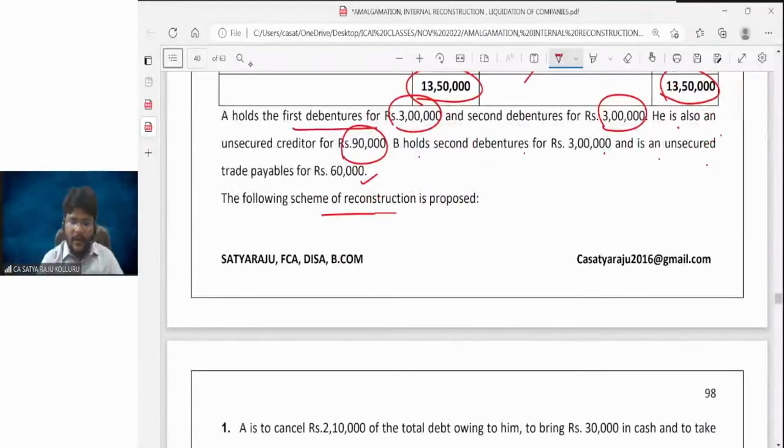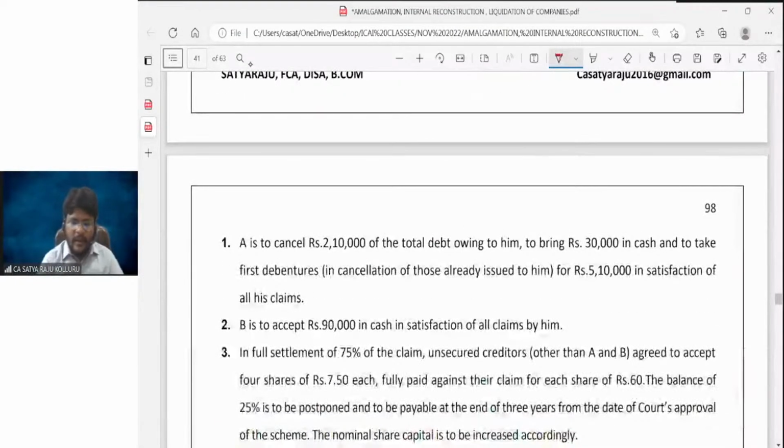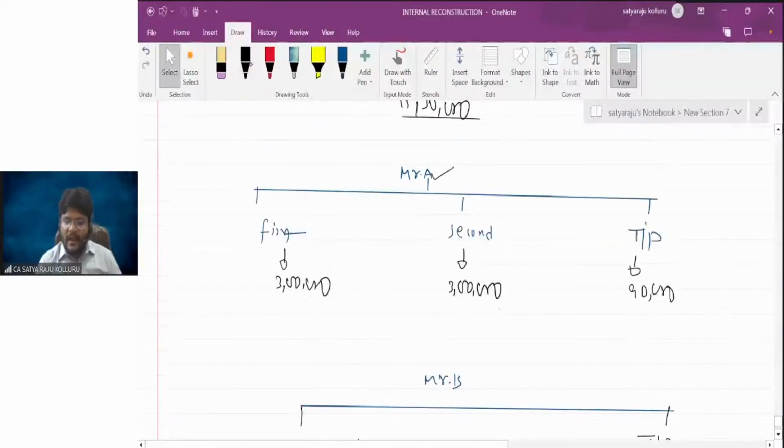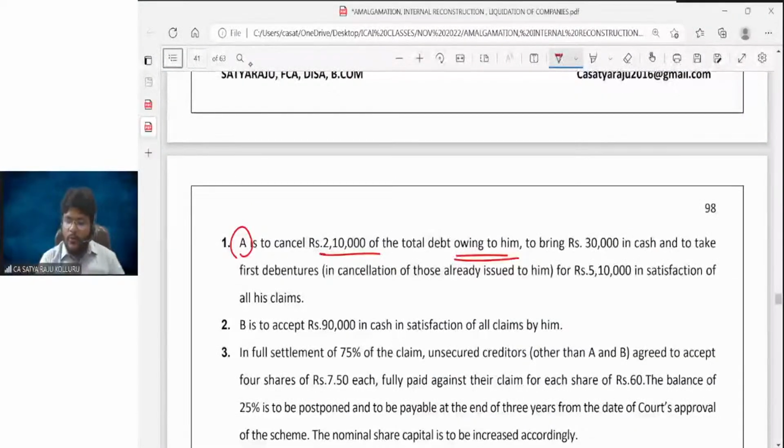The following scheme of reconstruction is proposed. A is to cancel rupees 2,10,000 of the total debt owing to him. Now, what is the total debt owing to Mr. A from the given information? 6 lakhs 90,000. To bring 30,000 in cash and to take first debentures in cancellation of those already issued to him for rupees 5,10,000 in satisfaction of all his claims.